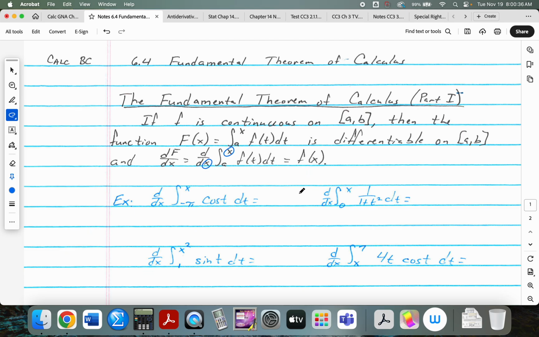That has to match this variable. And then we use some other variable for this, usually t, but it doesn't matter, as long as it's not x. Sometimes when students write these kind of things themselves, they have a tendency to put x here, x here, x here, x here. Everything that's a variable is x, and that's a problem. Okay? We need this to be some other variable.